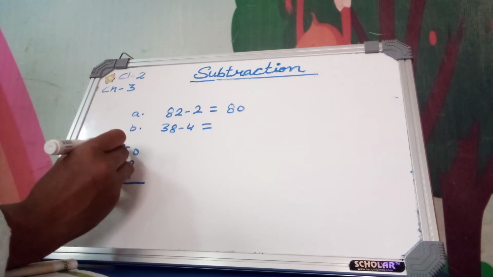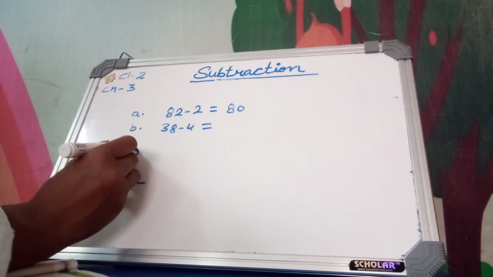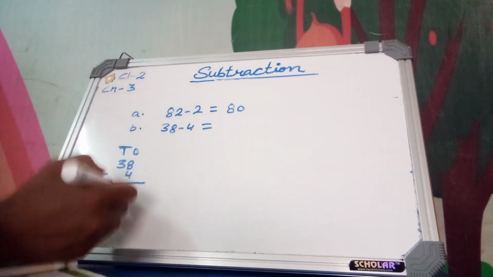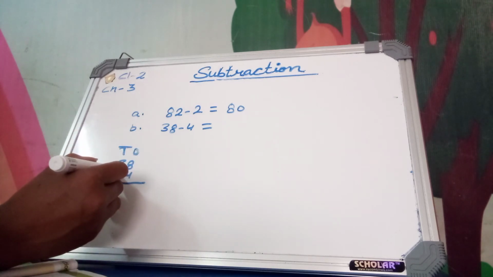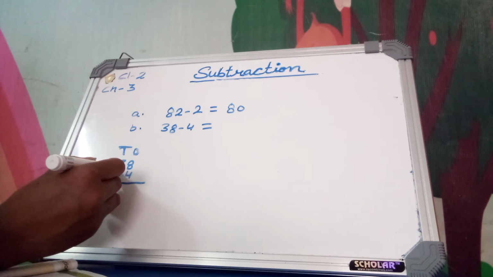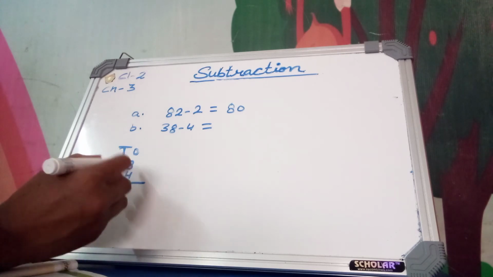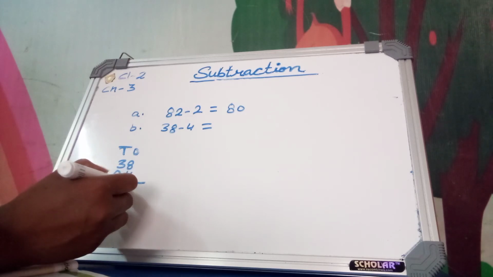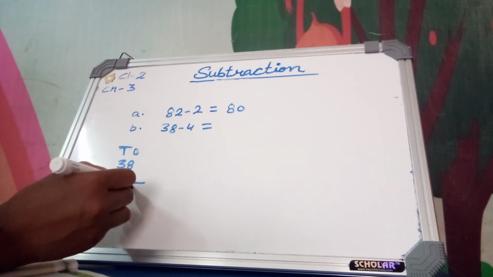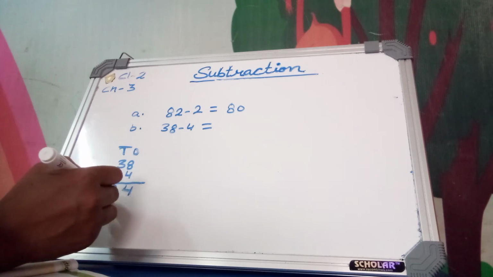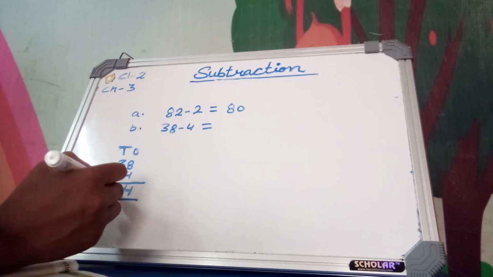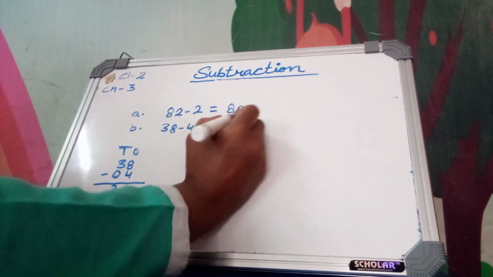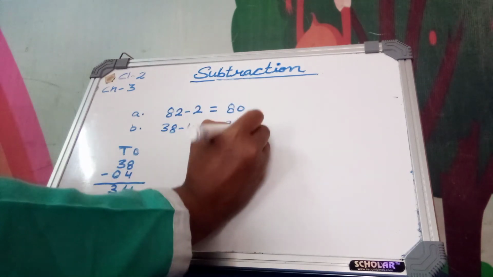In your previous class you learned about that. No numbers are there, so we have to write 0. And 8 minus 4, how many are left? 4. And 3, we have to note down here 3. The answer will be 34.